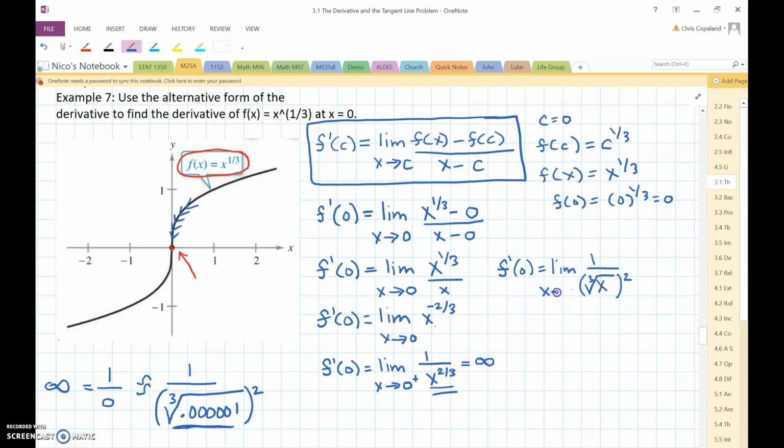As x approaches 0 coming from the left. So now it's going to be a really, really small negative number. But if we plug that into the cube root, we can have a negative number underneath the cube root. That's going to make it even smaller, but then you're going to square it. It's still going to be a really, really small number. When you do 1 divided by a really, really small number, that's eventually going towards 0. So this is also going to be infinity.